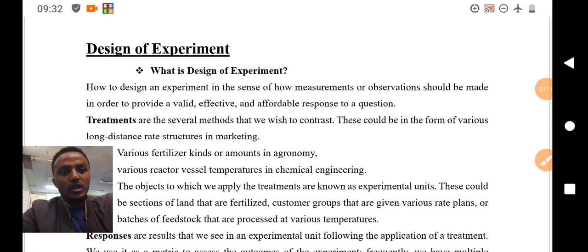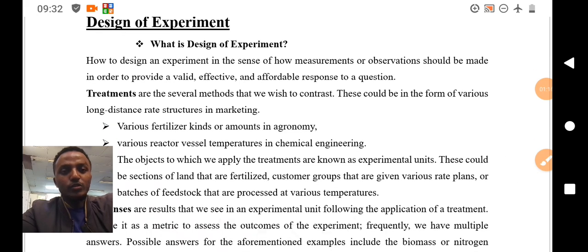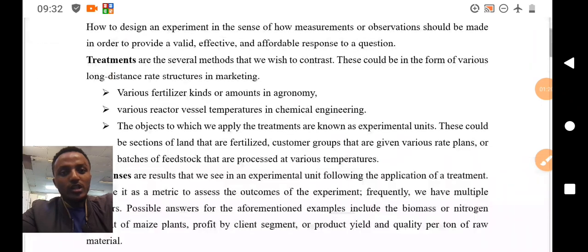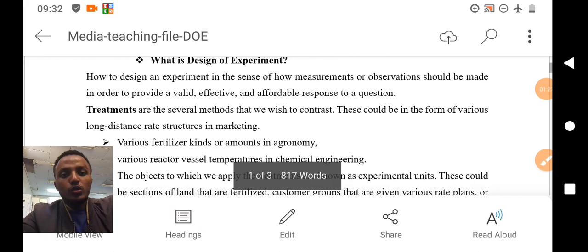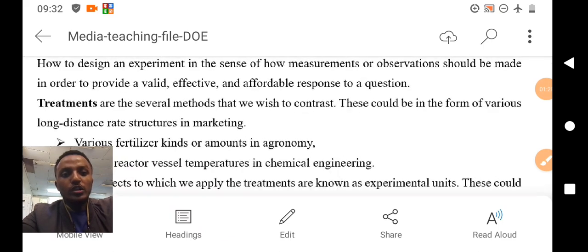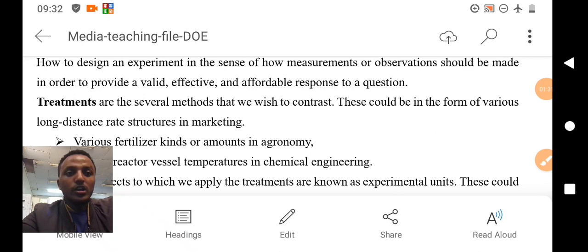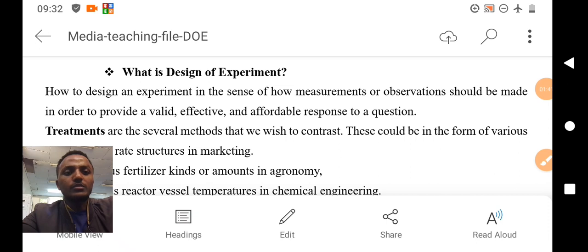Controllable factors are those which the experimenter can control, and uncontrollable factors are those which the experimenter cannot control, which are out of experimental control. So the basics here is to know about the basics of design of experiments.